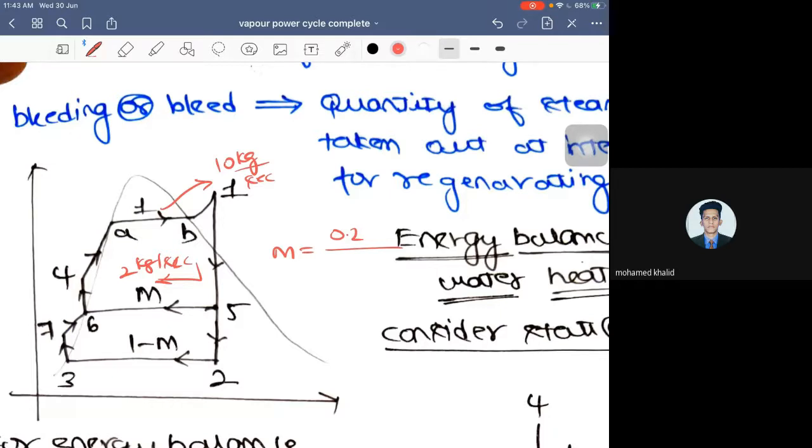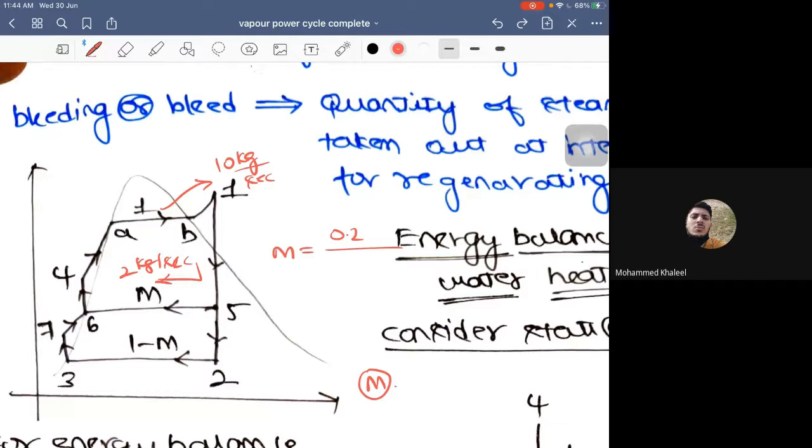Yes, it is mass flow rate, but we will be indicating it in this way in regeneration. So in regeneration, if you want to calculate the value of M, you are supposed to do it as such.